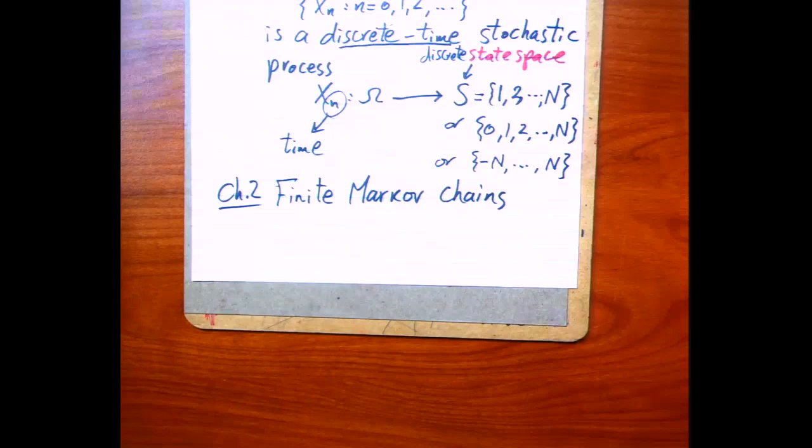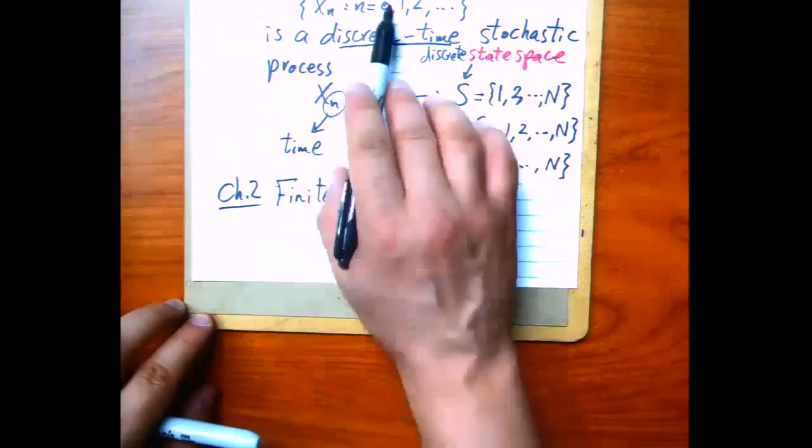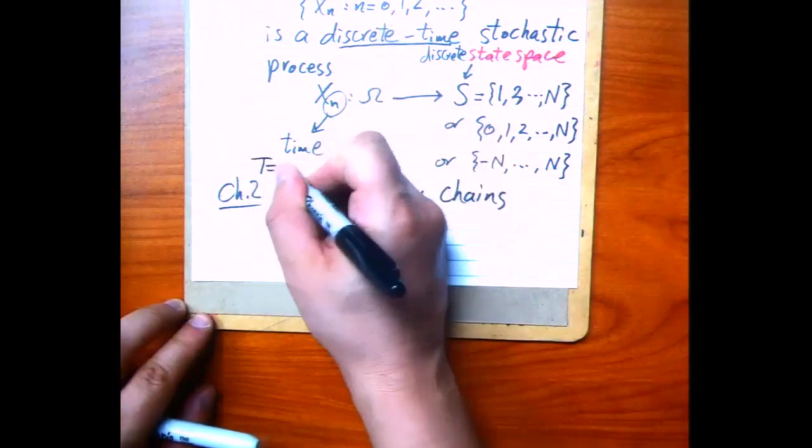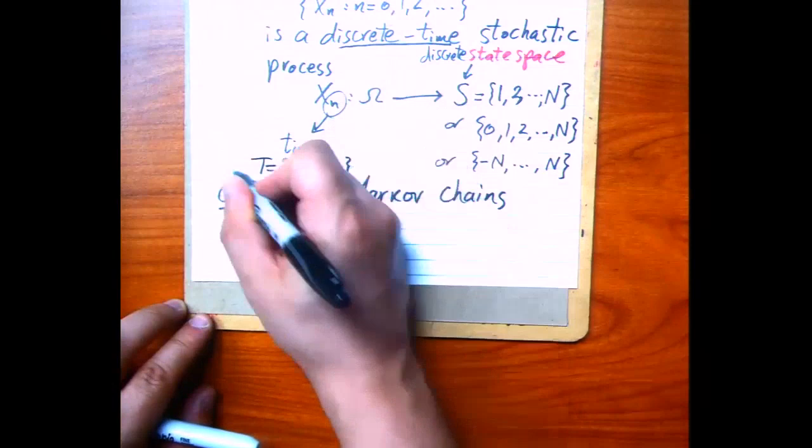But for brevity, this is the time, and the time set T is nothing but 0, 1, 2, etc., and n is in that time or index set.